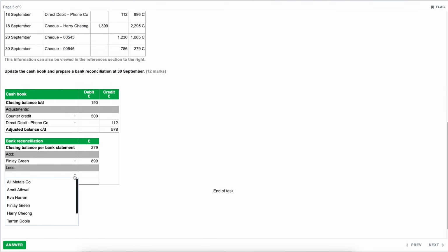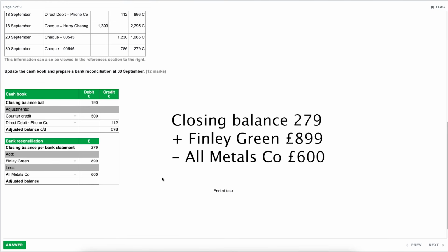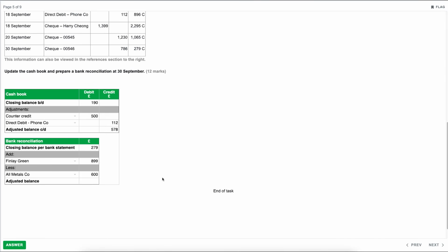So we'd do less, and it'd be All Metals Co. 600. So our adjusted balance, so if we do 279 plus 899 minus 600, that gives us an adjusted balance of 578, which matches up perfectly with our adjusted balance that we've just worked out.